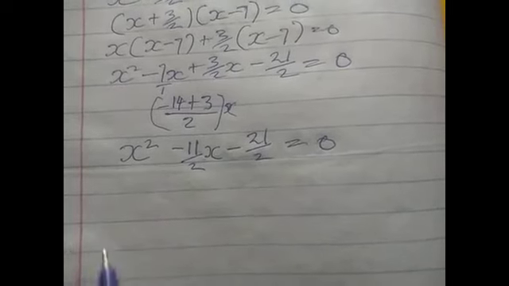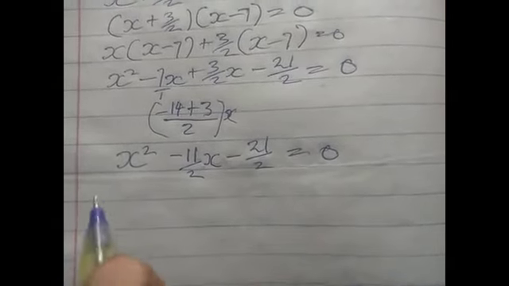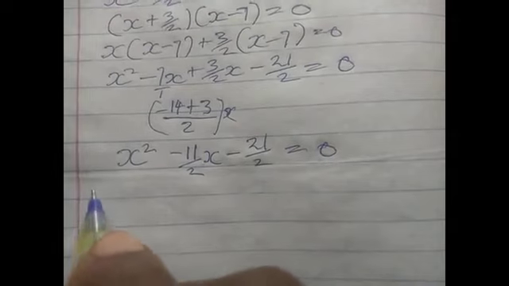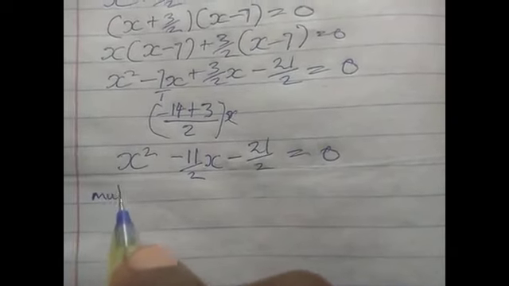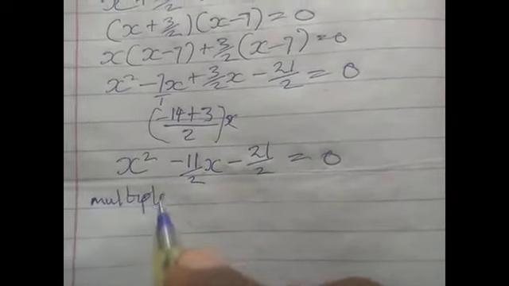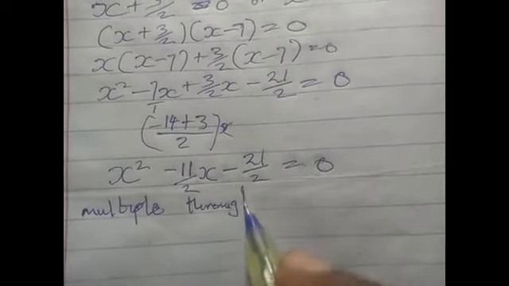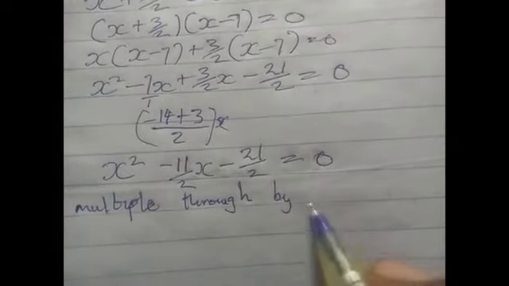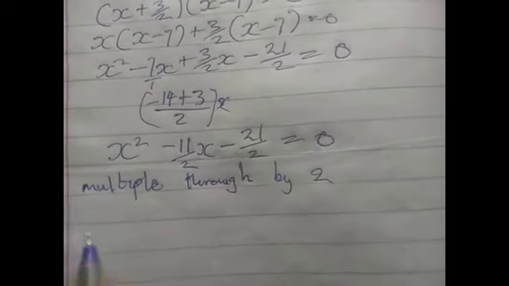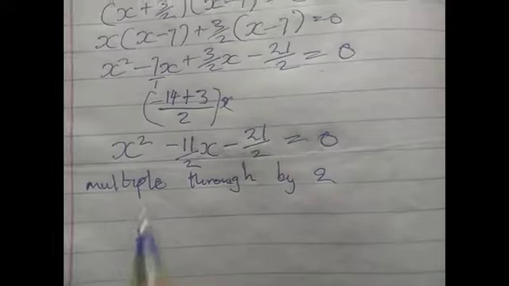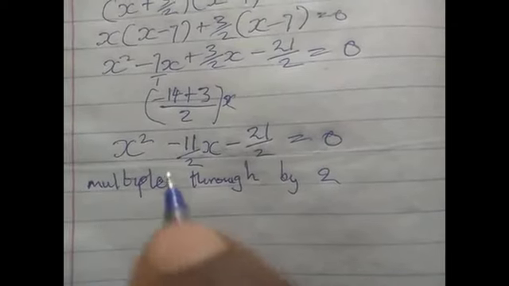No, we shouldn't. So what do we do? We multiply through by 2. So multiplying through by 2.